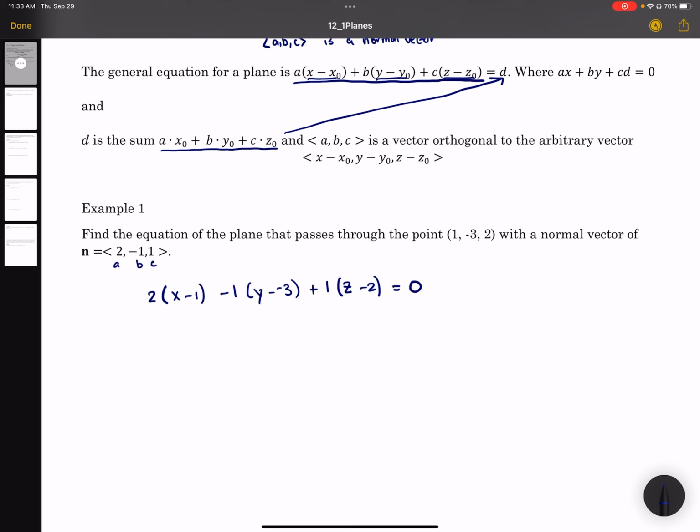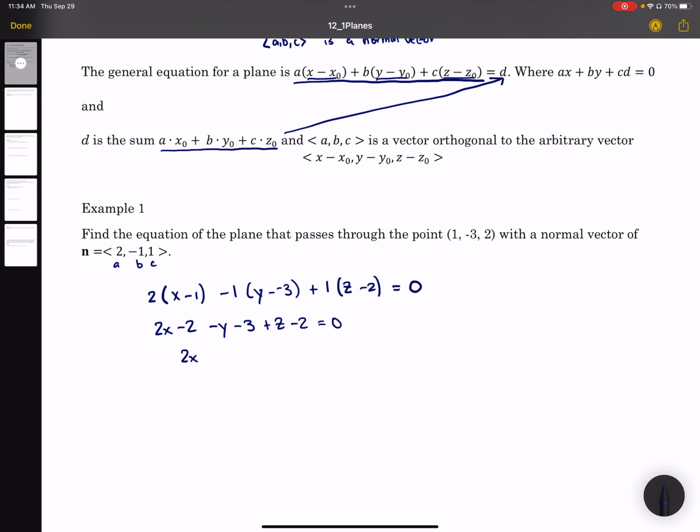Right now it's going to equal 0. Later on it's going to equal whatever value that we get. It's going to give us 2x minus 2 minus y, so that's a plus 3, so minus 3, plus z minus 2 equals 0.